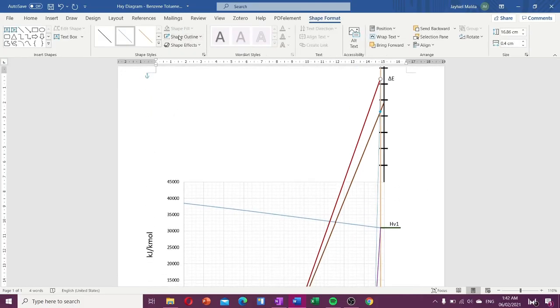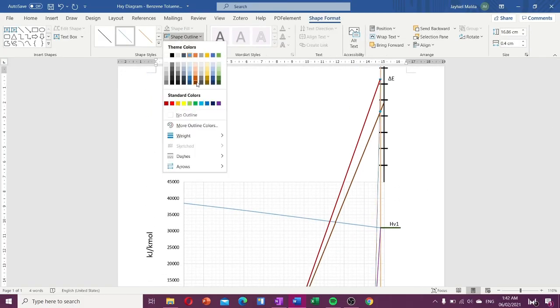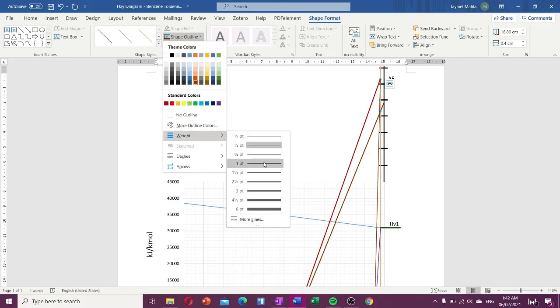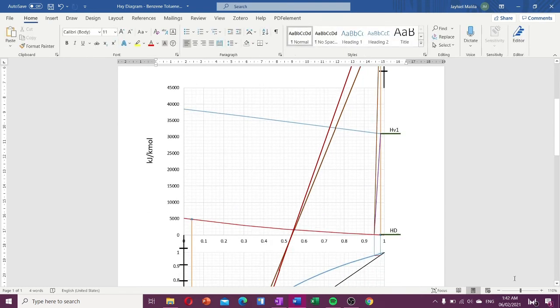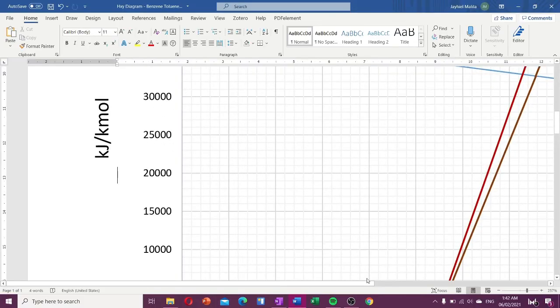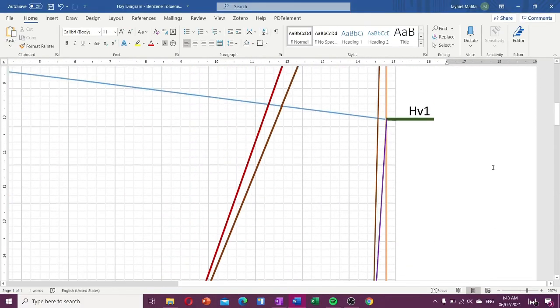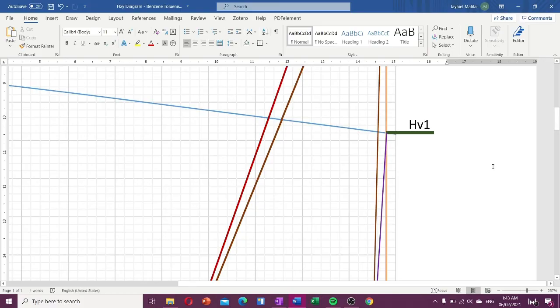I'm coloring this brown. Let me just use a weight. So we're done with the first operating line, but we're not done yet. We still have a long way to go. So what next?